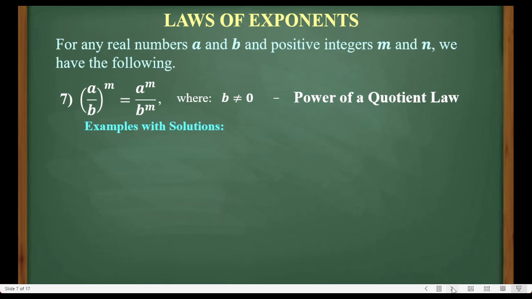Now, going to the next set of examples for this particular law, we have letter A. How do we simplify quantity 2/3 to the 4th?